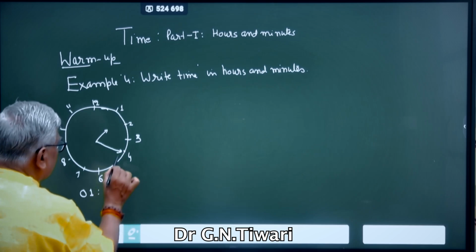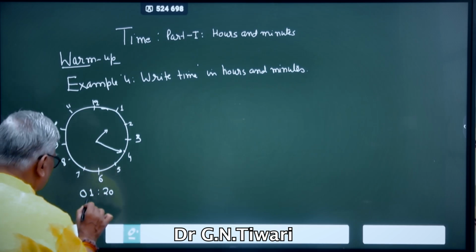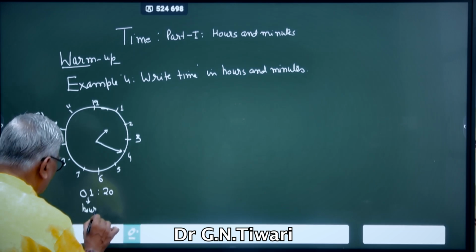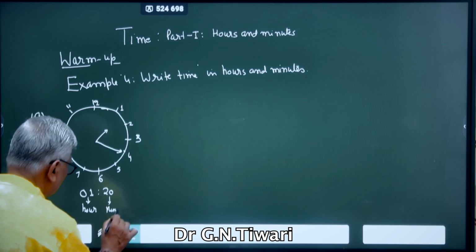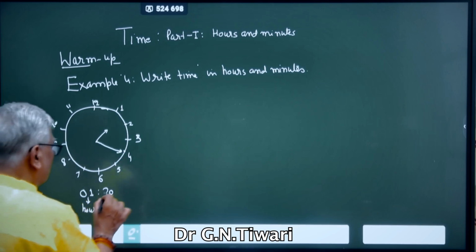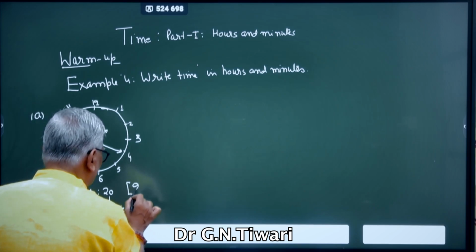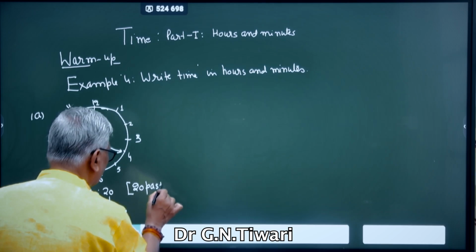And then it is 20 minutes. So this is the hour and this is the minute. How read it? So इसको आप रीड करेंगे जैसे मैंने वहां बताया था, 20 past 1.